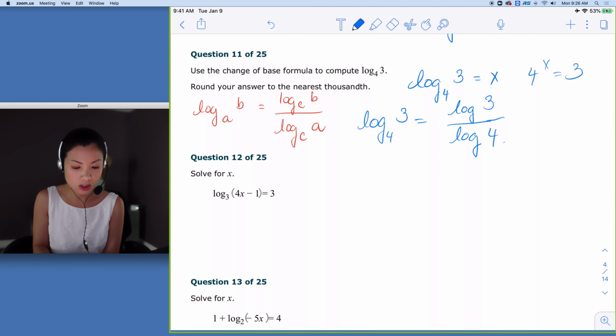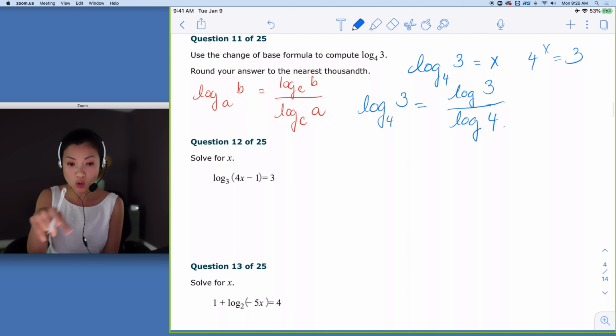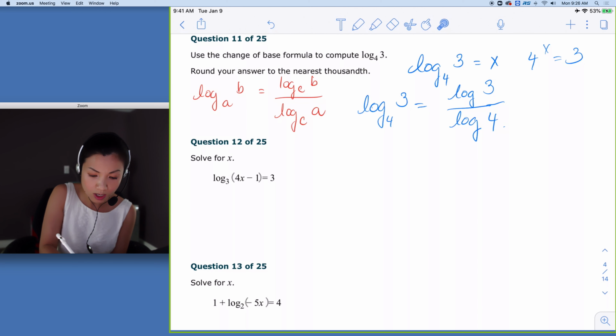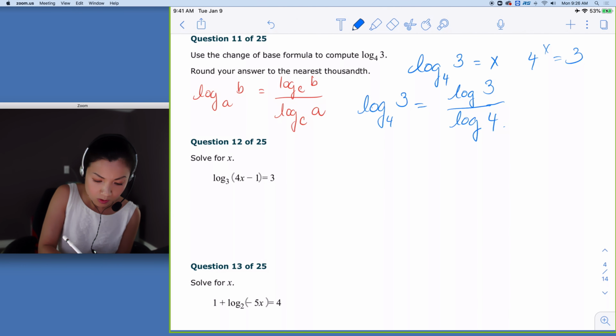Okay. All right, solving. For solving a log function, you just have to rewrite. First we have to isolate the log. You see right there, the log is isolated. So I have to use the definition, which is base raised to the power equals the argument. So I have 3 cubed equals 4x minus 1.